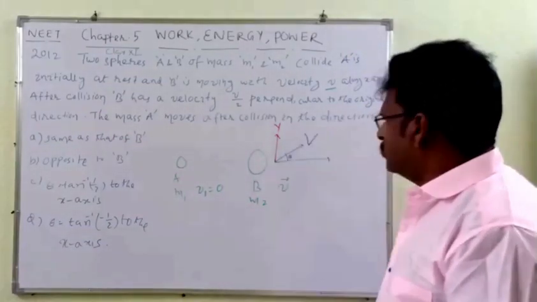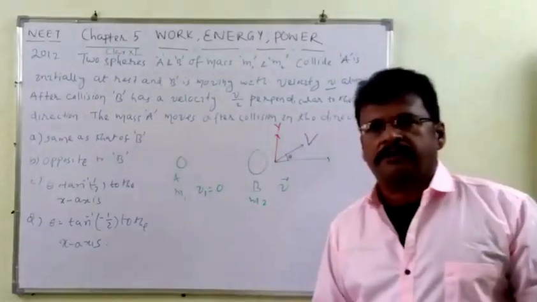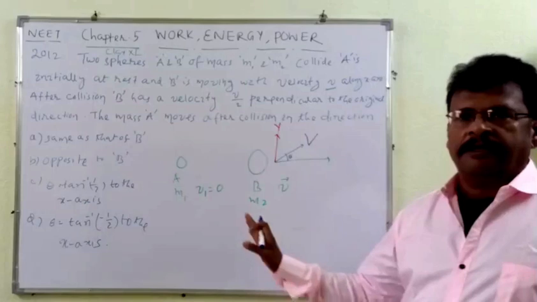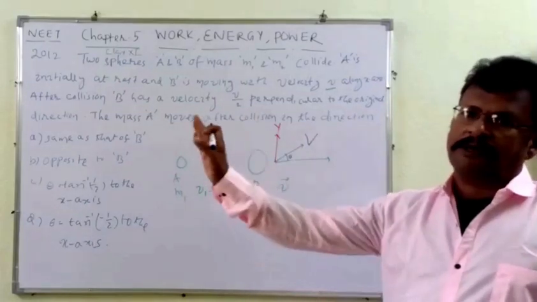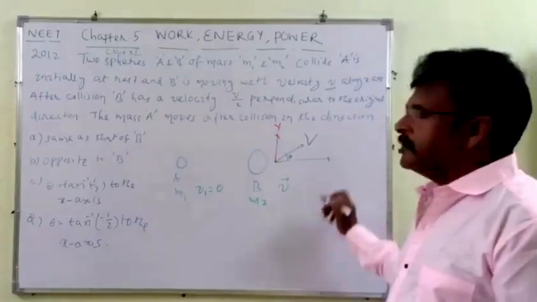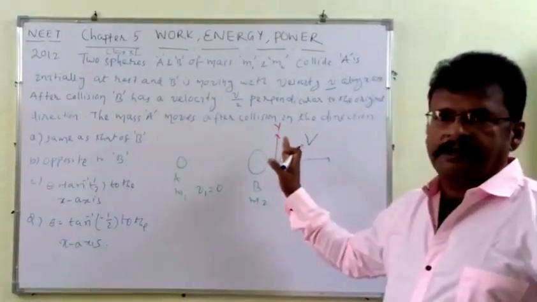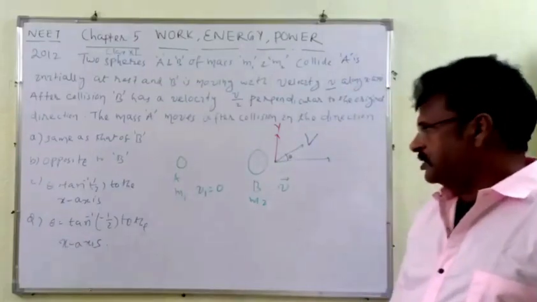So, students, we will apply the principle of conservation of linear momentum. There are two situations, before the collision and after the collision, and we will compare their linear momentum along the x-axis and the y-axis, so that we can get the value of theta.